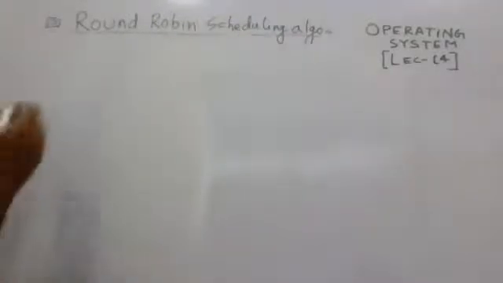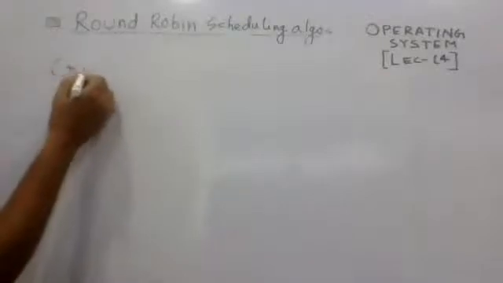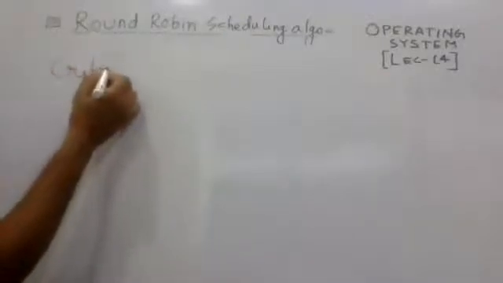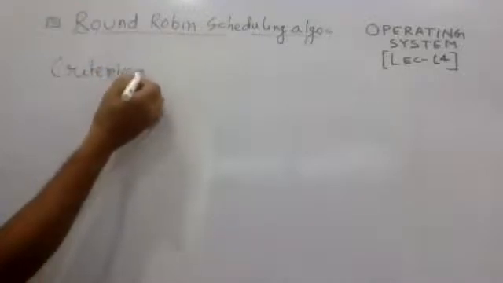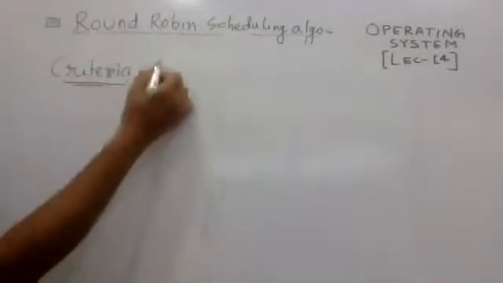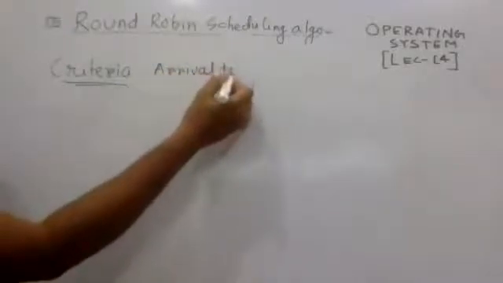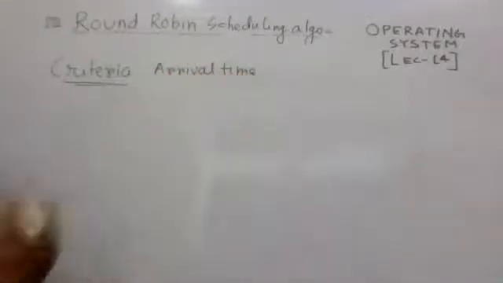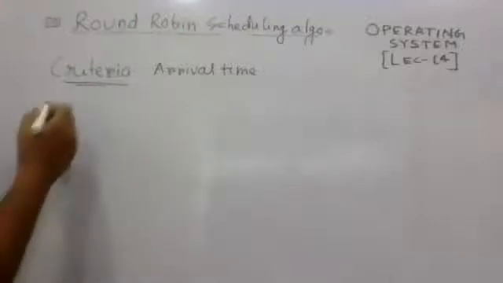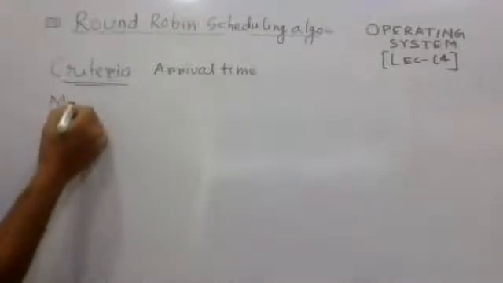So obviously here the criteria is arrival time, first come first serve basis, we have to choose the process from the FIFO queue. And what is the mode of this algorithm?